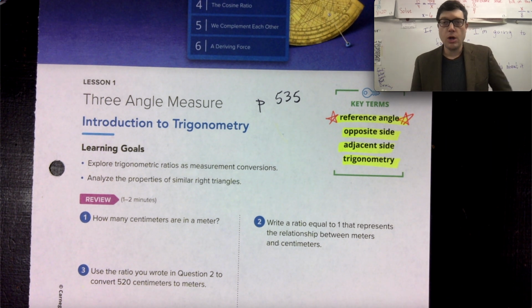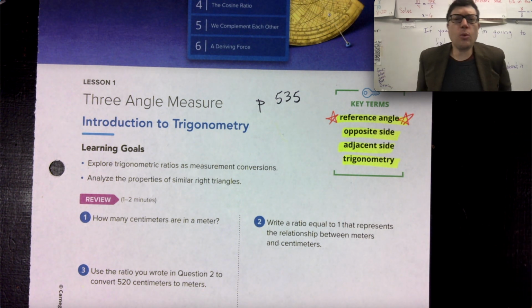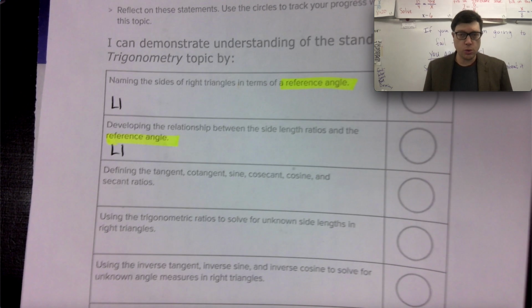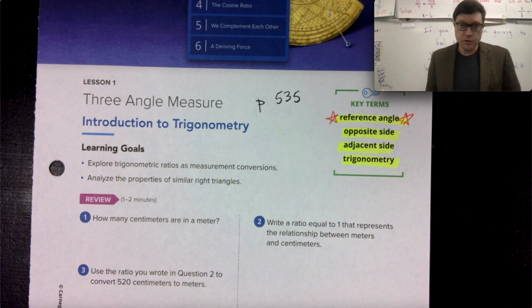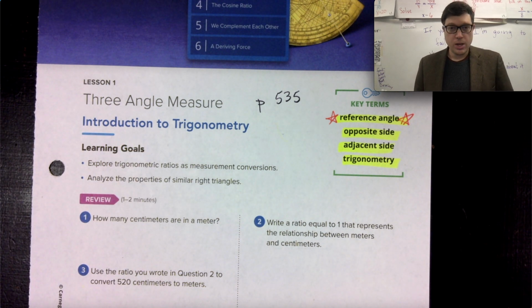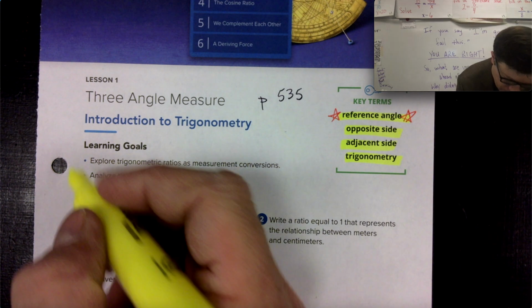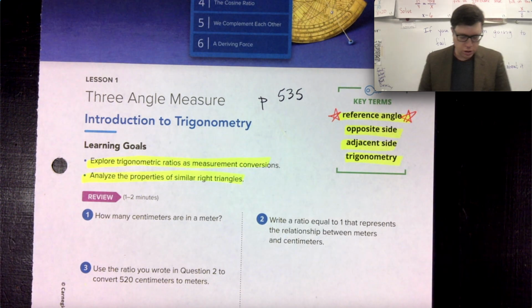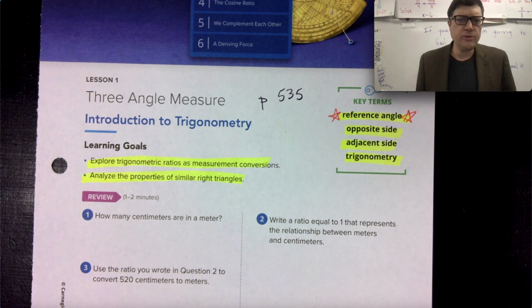You have to know your center, your origin, and that's what this is. We're going to talk about in the next set of videos, like I mentioned here in these two self-reflection statements, we're going to explore trigonometric ratios as measurement conversions, and then we're going to analyze the properties of similar right triangles. Let's talk about the review.